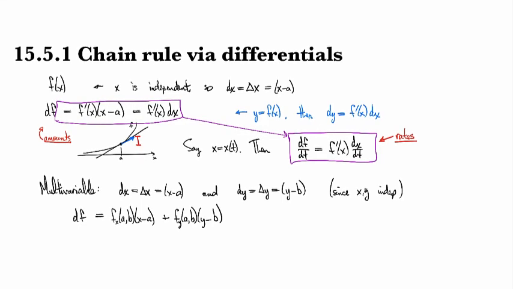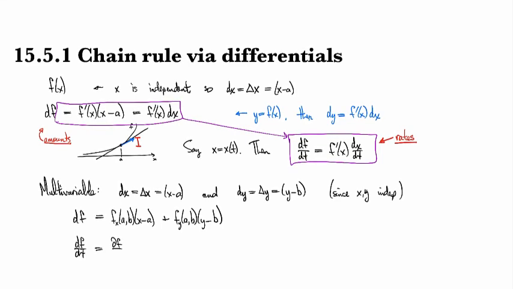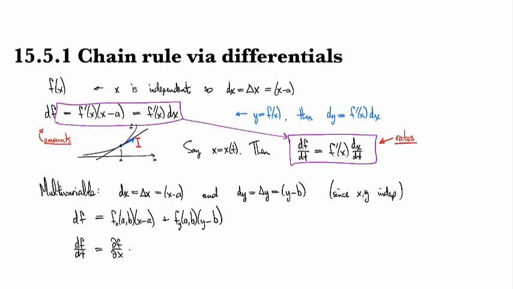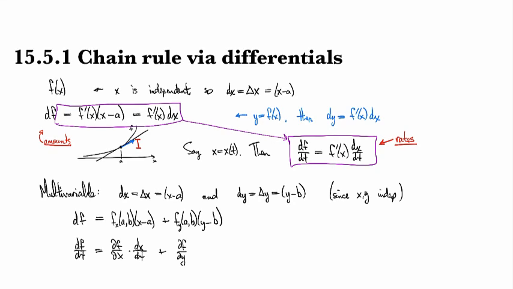And then the derivative is going to be df dx times, now instead of dx, it's going to be dx dt. And we'll have our partial with respect to y times dy dt.